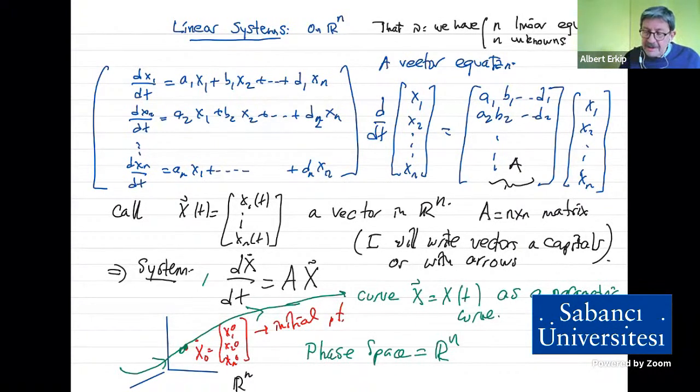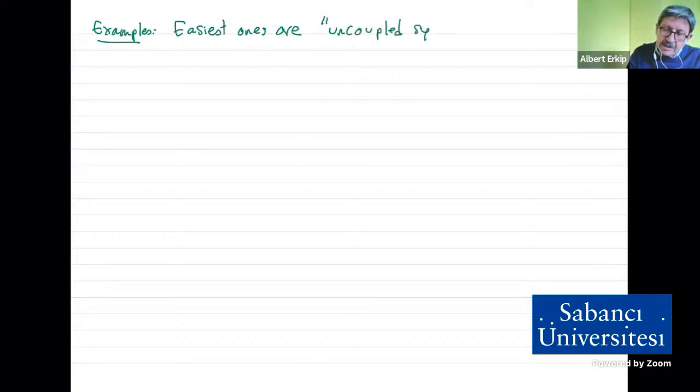Let's look at some examples. The easiest ones are so-called uncoupled systems. Uncoupled, we had that word before.